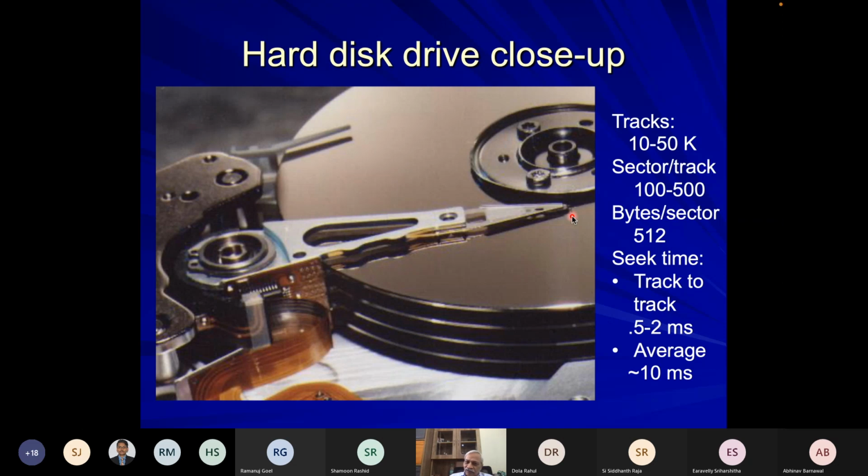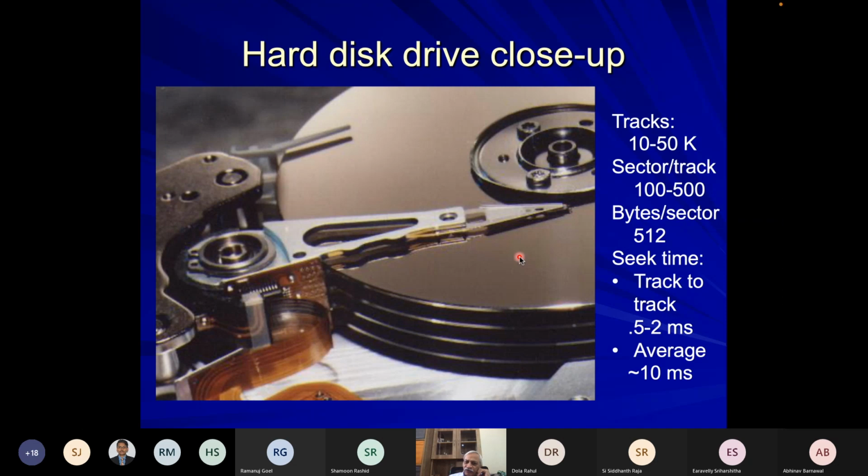If you're done with one track, then you move to another track. Suppose at some point of time the head is positioned somewhere, and you want to start reading from a particular track. You say that I want so many sectors to be read from track number so and so.